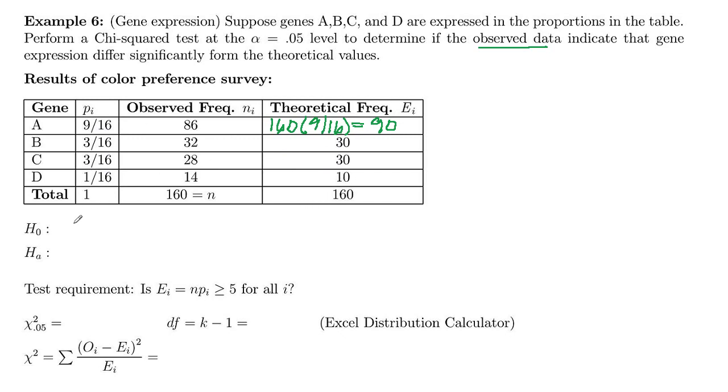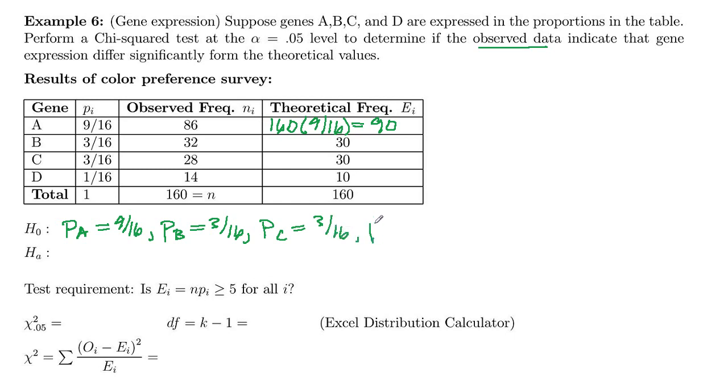So our null hypothesis then is going to be that the proportion expressing gene A is equal to 9/16. You could write that as a fraction or decimal. The proportion expressing gene B is 3/16. Gene C also 3/16.